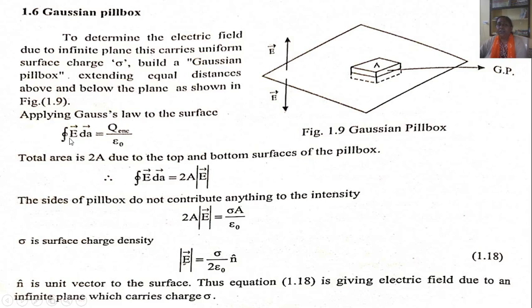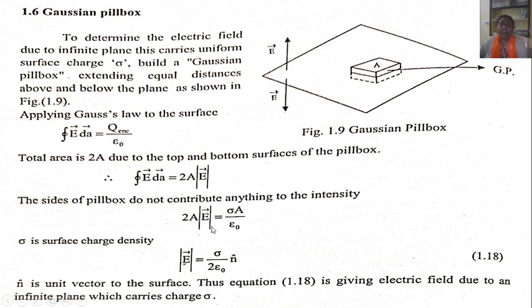closed integral E dot dA equals Q enclosed upon epsilon 0. The total area is 2A due to the top and bottom surfaces of the pillbox, so closed integral E dot dA equals 2A E, and the side of the pillbox does not contribute anything to the intensity.